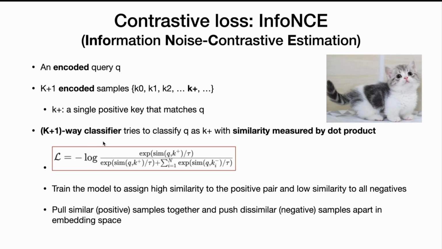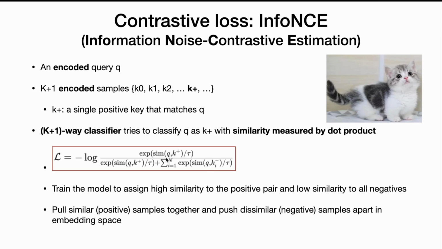If we minimize this loss function during training, then we actually train the model to assign high similarity between the query and the positive key, but assign low similarity between the query and all of the negative keys.